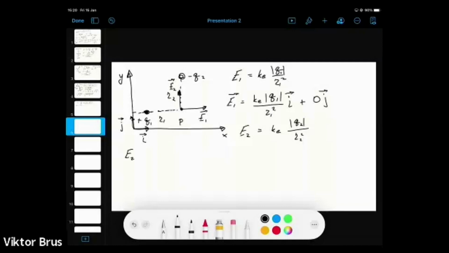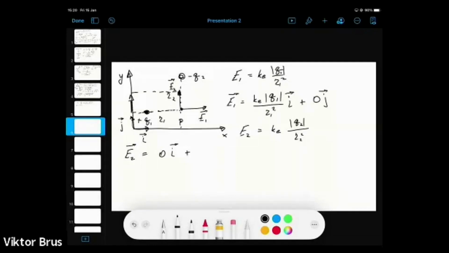So E2 vector: the projection of E2 on axis X will be 0 because it's aligned perpendicularly to axis X. It will be 0 times I vector, plus the projection on axis Y, which will be actually the full length, the magnitude of this vector.